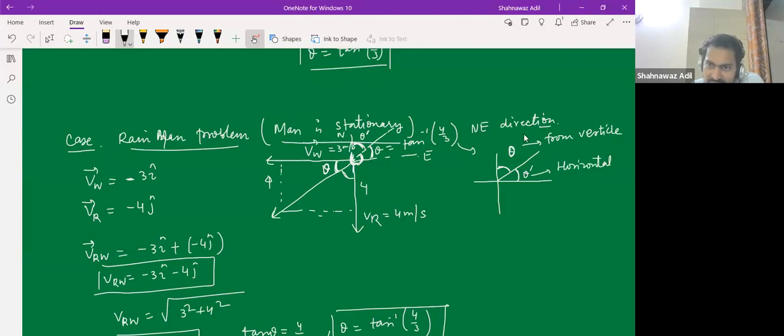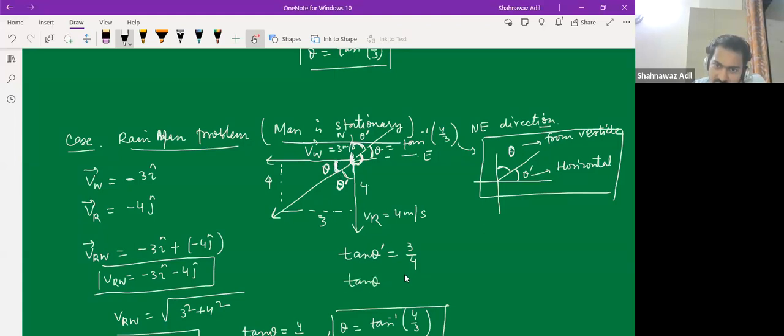You can write either angle in your answer. But remember, for this angle, tan theta dash would be 3 by 4, since this is 3 and this is 4. But for this angle, tan theta would be 4 by 3.